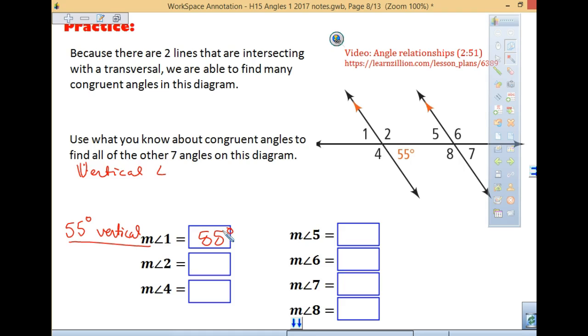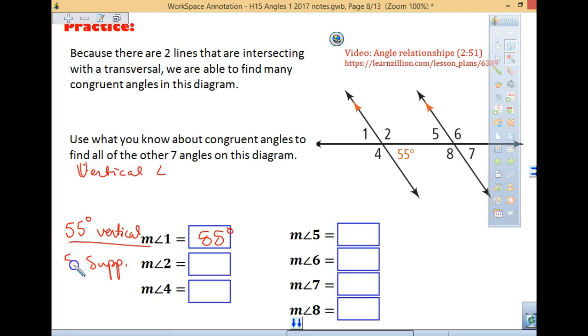What do I know about angle 1 and 2 together? Or angle 2 and 55? What kind of angles are those? What do we know from the first page of our notes? Go back even further. What do we know about 2 and 55? They have to total how many degrees, Kayla? 180. They are supplementary, right?